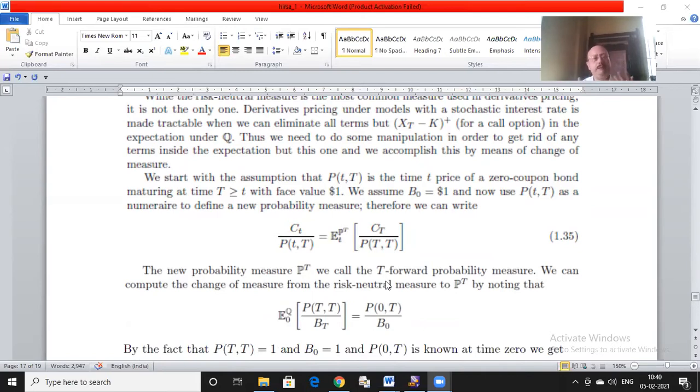It is nothing but the discounting. We call this the capital T forward probability measure. And the change of measure calculation in this case would be relatively simple.